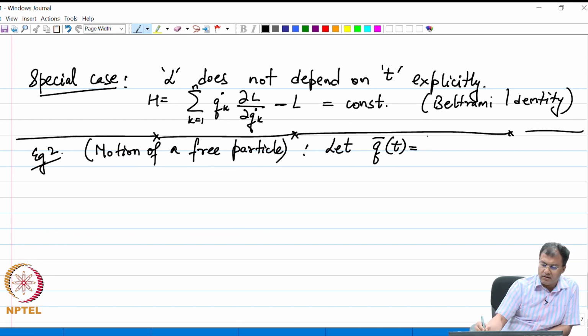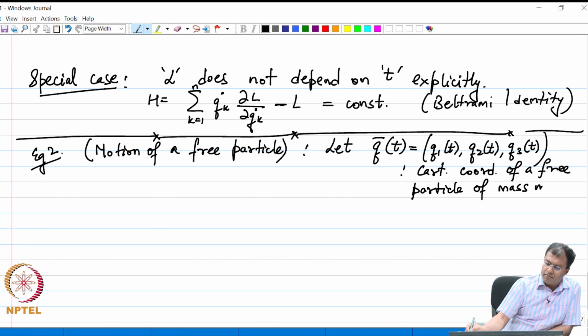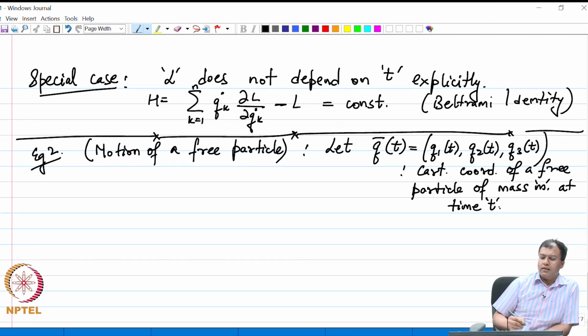So, q bar, which is q1 of t, q2 of t, q3 of t, right, which we say is the Cartesian coordinate of a free particle of mass m at time t.